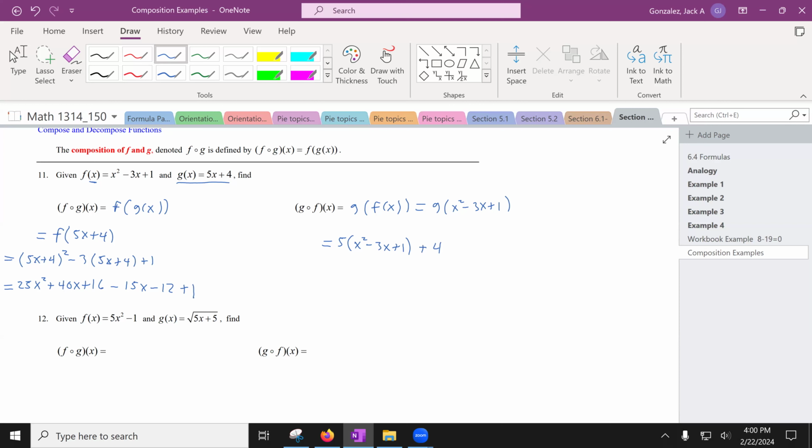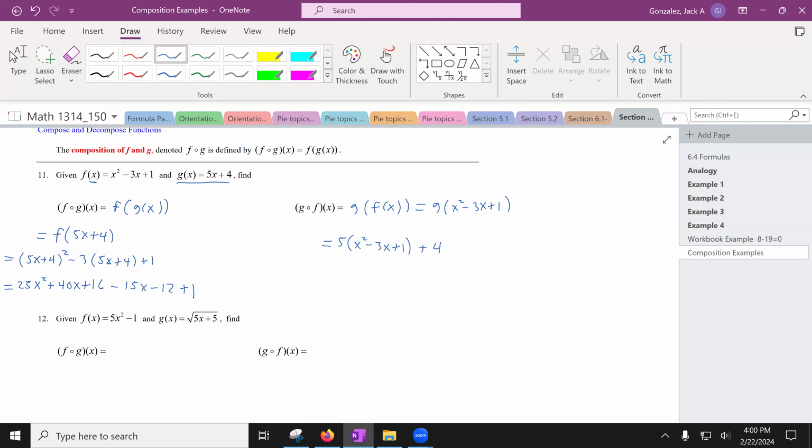I use the formula to skip the FOIL thing. Is that okay, or you guys want to see the multiplication? Square this, you're gonna get 3 terms. It's 5x plus 4 times 5x plus 4.